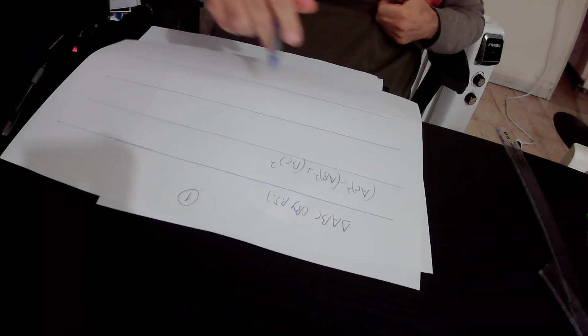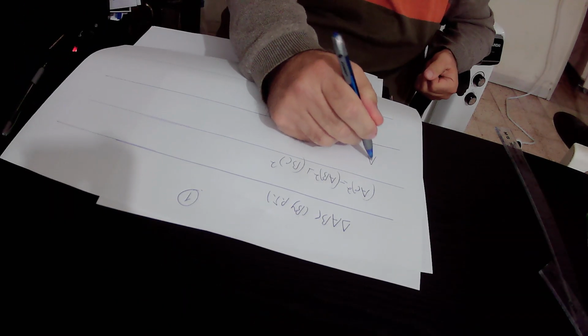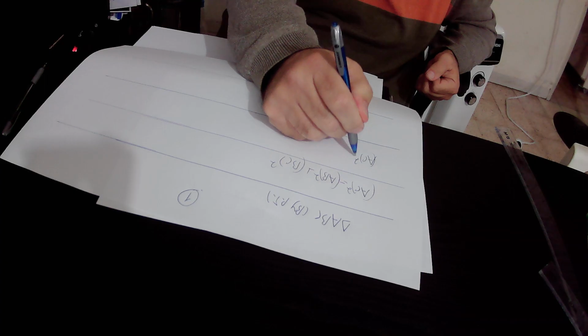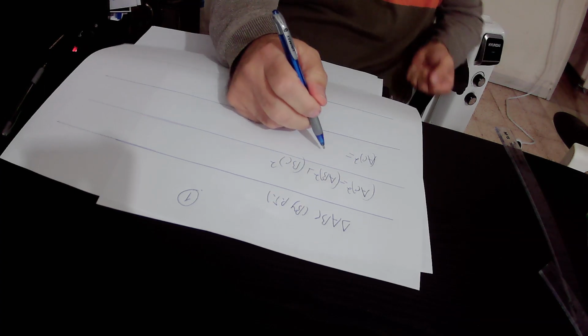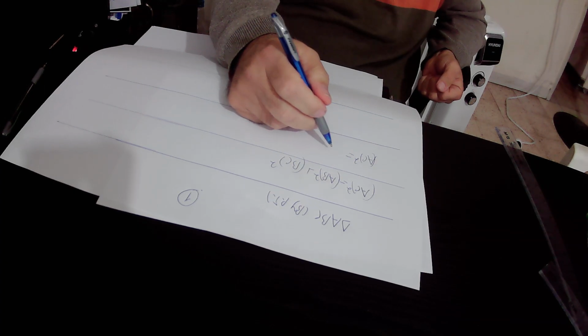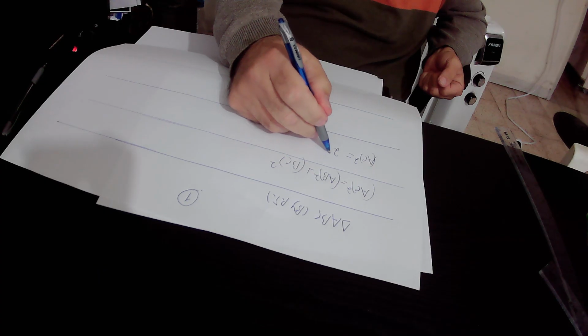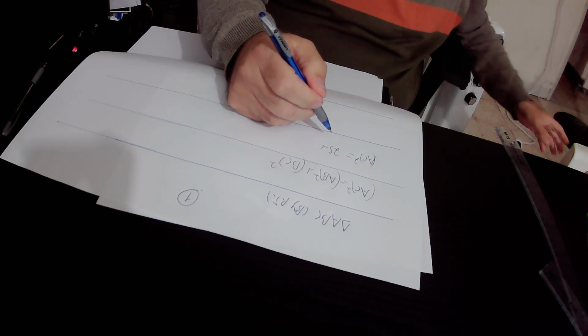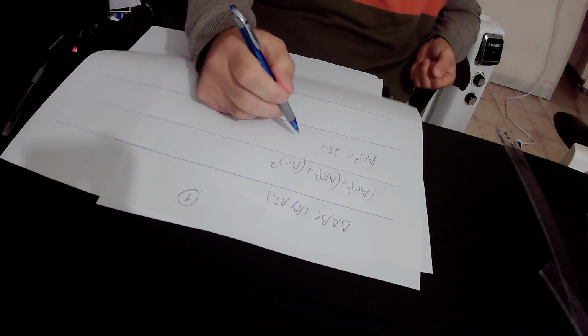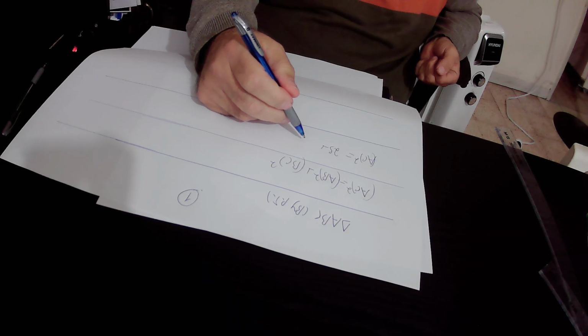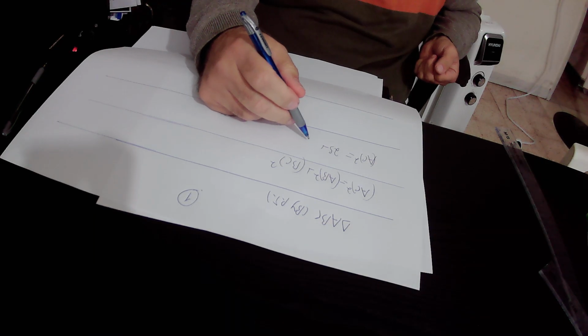So AC squared equals AB squared. AB is 5, therefore AB squared is 5 squared, that is 25, plus BC squared. BC is 12, therefore BC squared is 12 squared, that is 144.